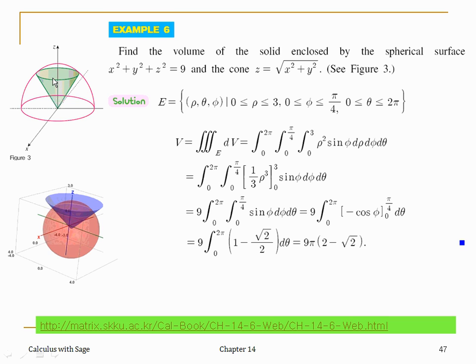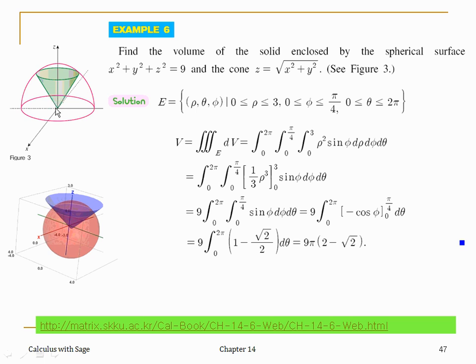This can also be drawn in this way by Sage, and it can be written as: radius rho is from 0 to 3.